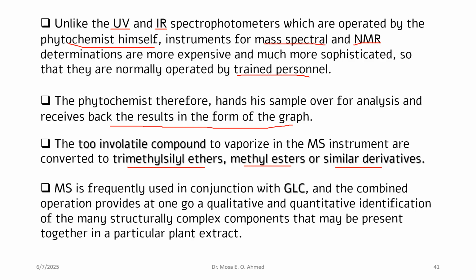And generally, mass spectrometer is used in conjunction with GLC, gas liquid chromatography, which is used for volatile compounds. This combination between GLC and MS provides a comprehensive and useful qualitative and quantitative method for identification of many structurally complex compounds that may be present together in a particular plant extract.